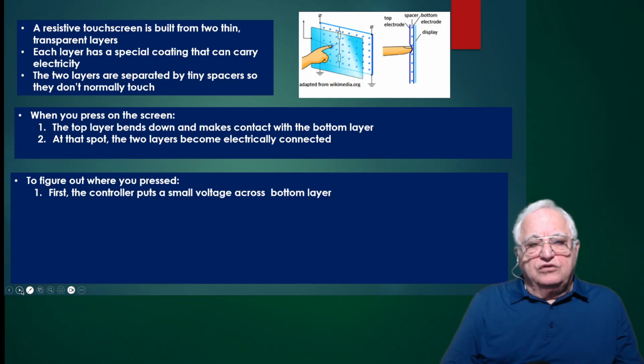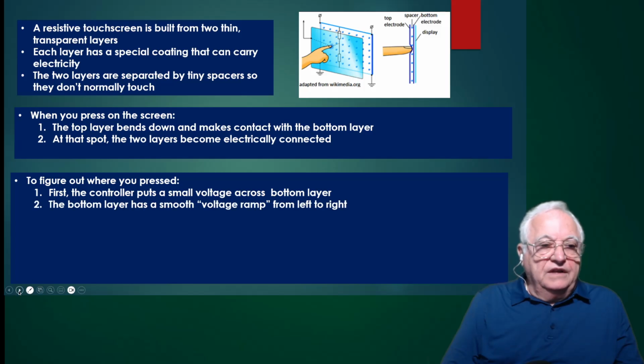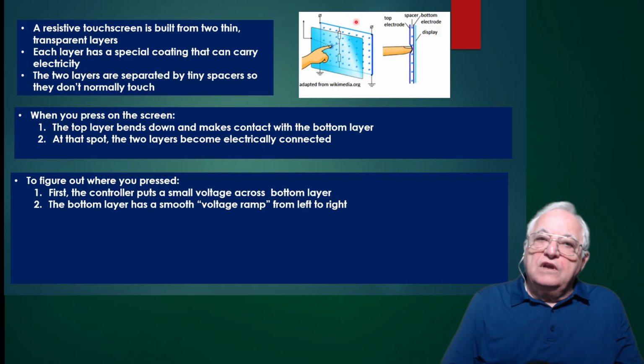First, the controller puts a small voltage across the bottom layer. So we put a voltage right here, and we have the ground. Next, the bottom layer has a smooth voltage ramp from left to right. If you measure the voltage, you're going to see that it keeps increasing.